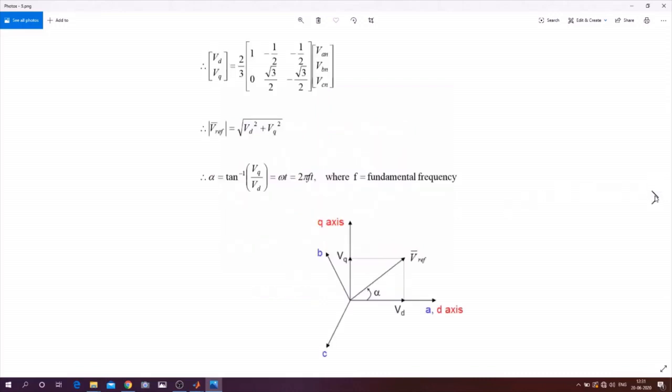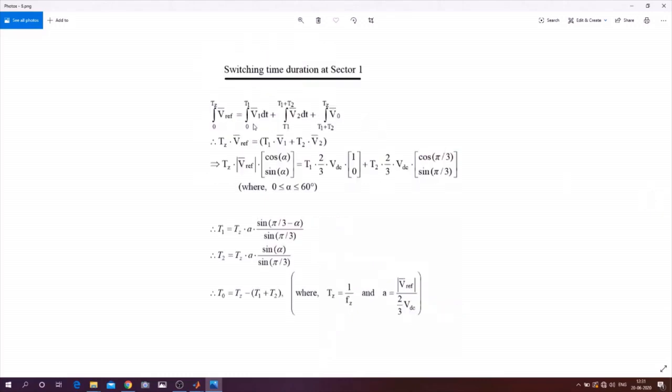The same thing is written over here: from 0 to T1 voltage vector V1 will be operated, from T1 to T1 plus T2 voltage vector V2 will be operated, and the remaining time will be operated by null vector V0 or V7. So you can write this by this line: Tz into V reference is equal to T1 into V1 plus T2 into V2.